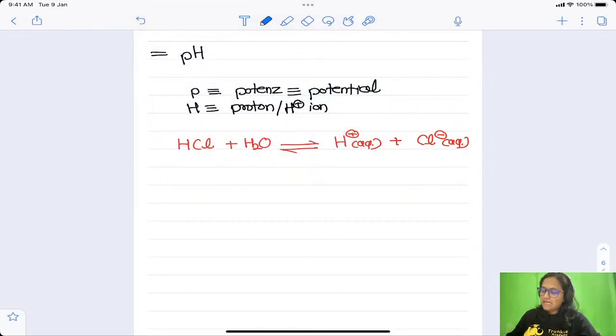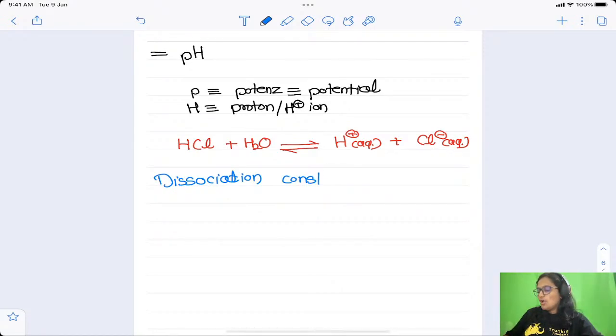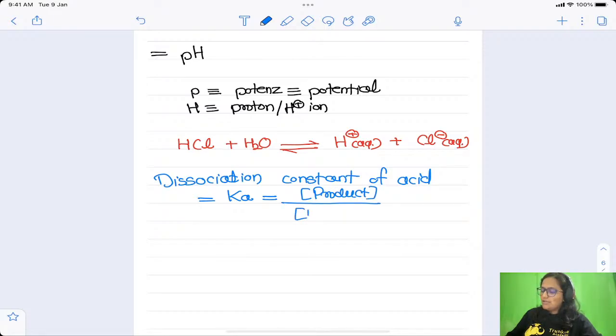Now if I want to write down the dissociation constant for this reaction, what is the dissociation constant? How easily H and Cl are going to separate from each other, how they are going to break from each other, that is the dissociation constant. Dissociation constant gives you the idea about how easily dissociation takes place. The dissociation constant of acid, denoted by the symbol Ka, is equal to the concentration on the product side divided by the concentration on the reactant side.